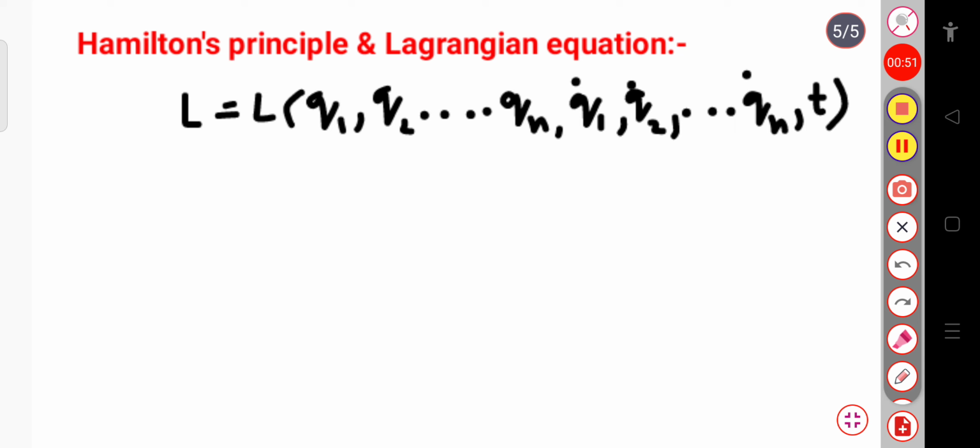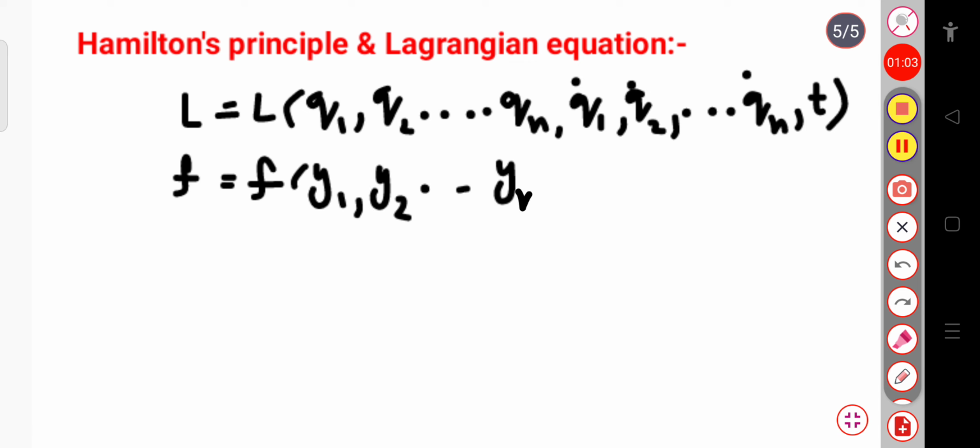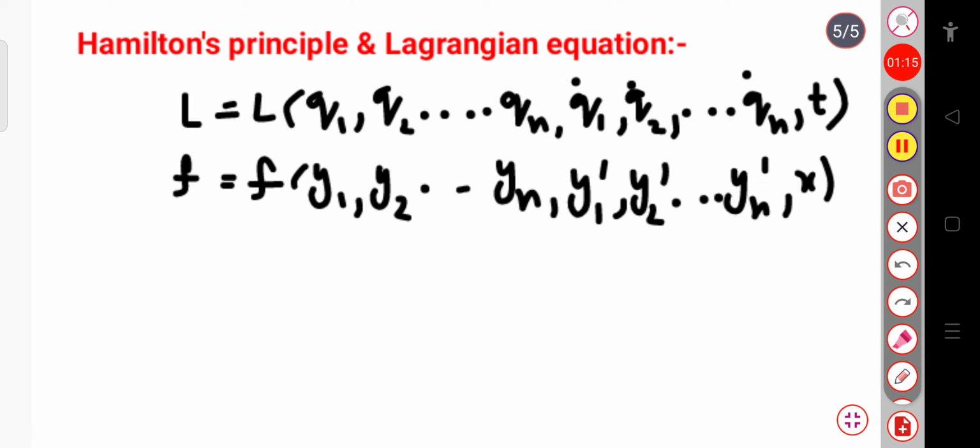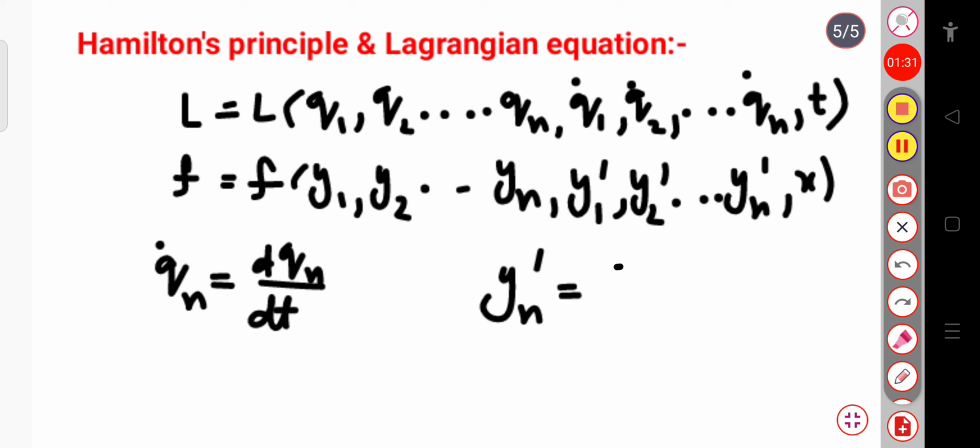If we compare this Lagrangian with a function f equal to f of y1, y2, and so on up to yn, y1 prime, y2 prime, and so on up to yn prime, and x, then q1 dot in general represents dqn divided by dt, whereas yn prime is simply dyn divided by dx.